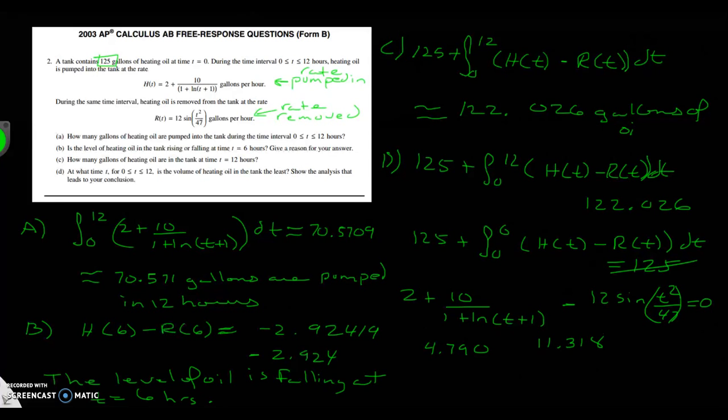You could probably graph it, and when you graph it and you subtract both functions at the same time, I'm just saying if you do h of t, not the integral, and r of t, the part below the x-axis means it's decreasing, and the part above the x-axis shows it's increasing, and you would just have to look where it equals 0, and it would give you these 2 points.